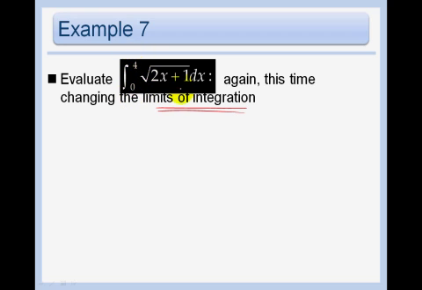So in order to evaluate this integral, we've done it before, but let's just do it all over. We let u be 2x plus 1, and then we let du be 2 dx.